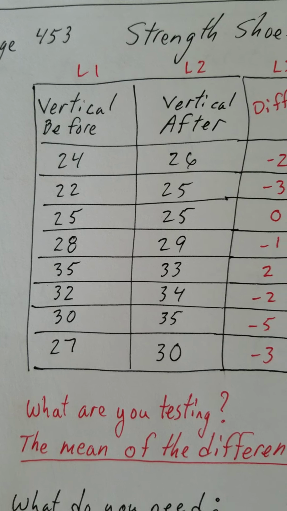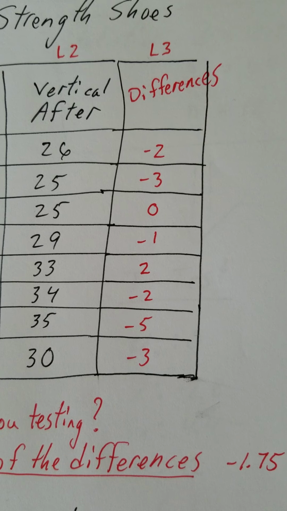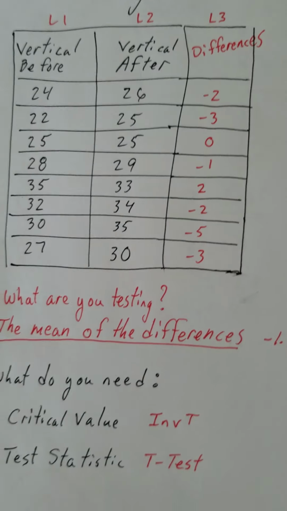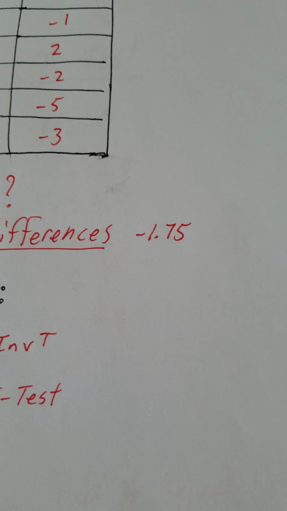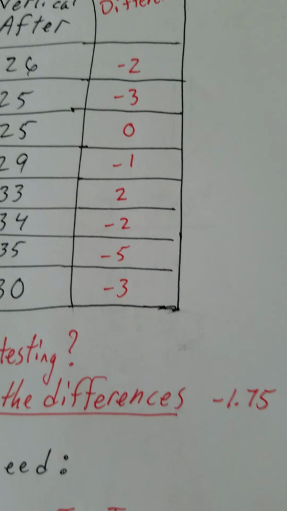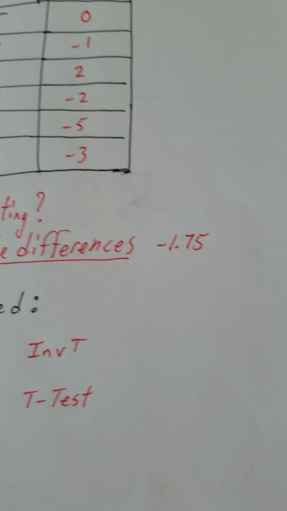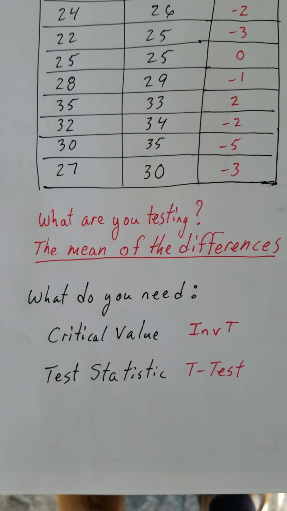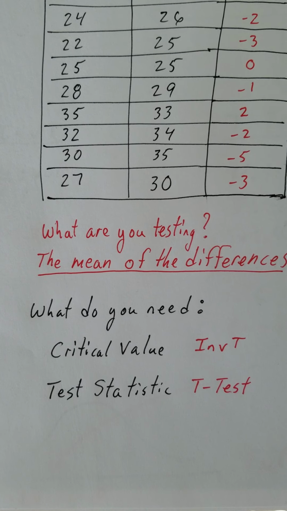One of the things you'll need to do, and I'll show you how later, is get these differences, because again, you're testing the mean of the differences. So there's the actual mean of the differences. If you add all those up and divide by 8, because there's 8 numbers, you get negative 1.75. Then we'll test that mean of the differences. So that's different, what we're doing.